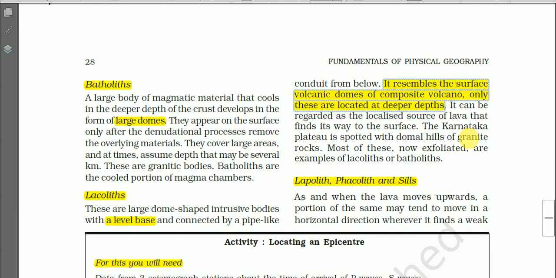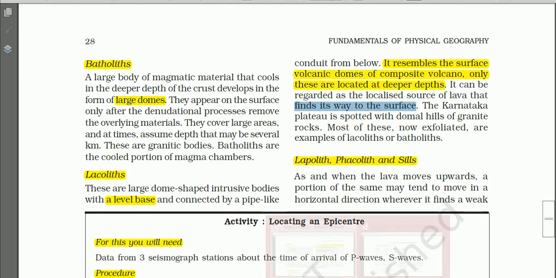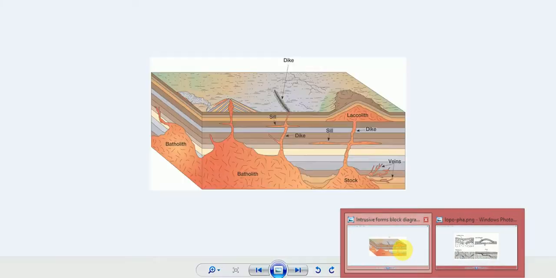So this Laccolith looks like surface volcanic domes of a composite volcano, but the only difference is that it is located deep in the earth's interior, and it can be regarded as a localized source of lava that finds its way to the surface. Now let us look at that diagram.